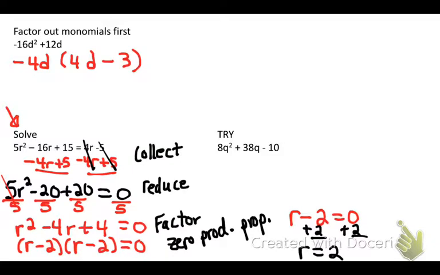So when we factored, we ended up with r minus 2 times r minus 2. Then we applied the zero product property. So we set one of the parentheses equal to 0. Since they're both the same, we just needed to do it once. So r equals 2. So now pause the video and try this last one, and then we'll check your answer.